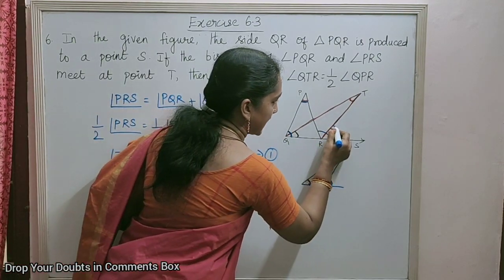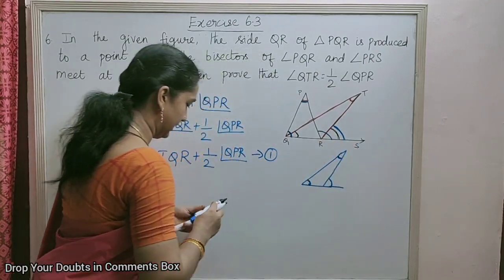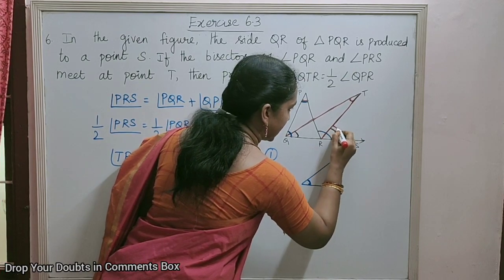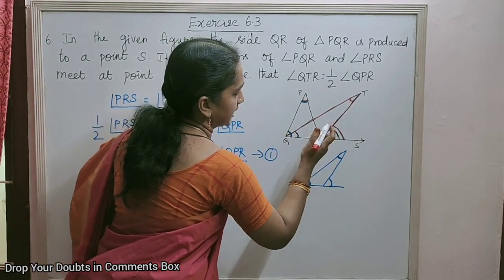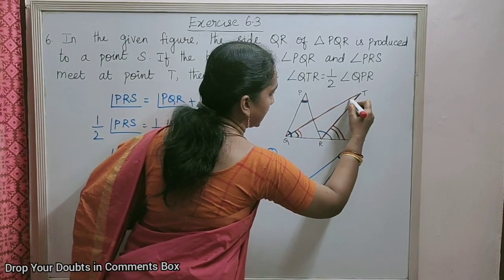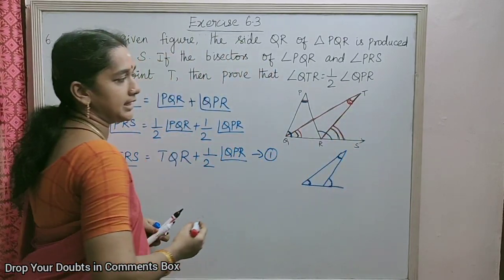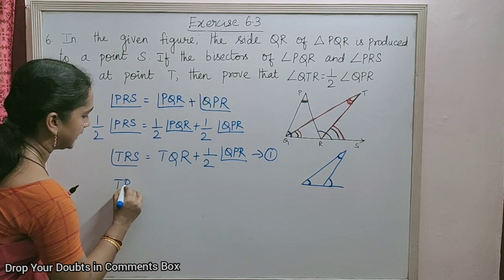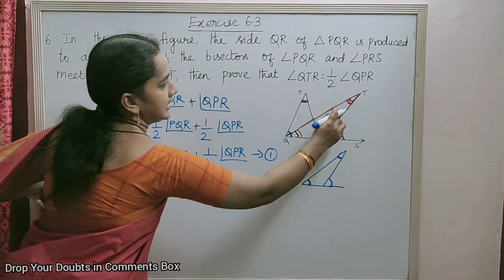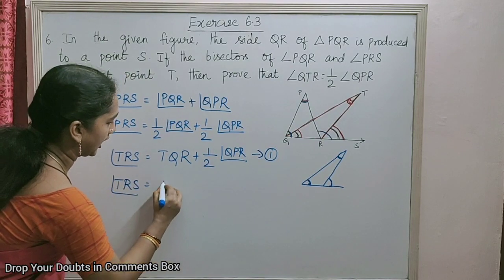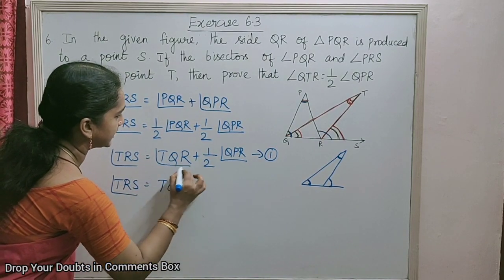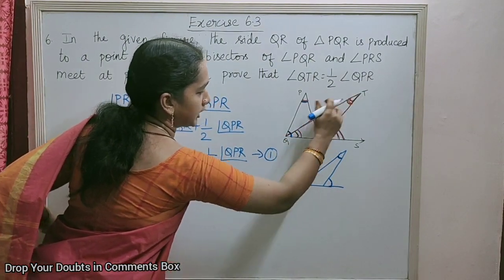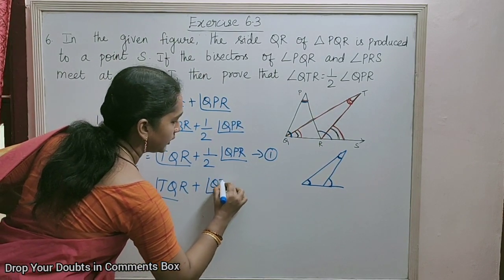So I can write TRS as angle TQR plus angle QTR.